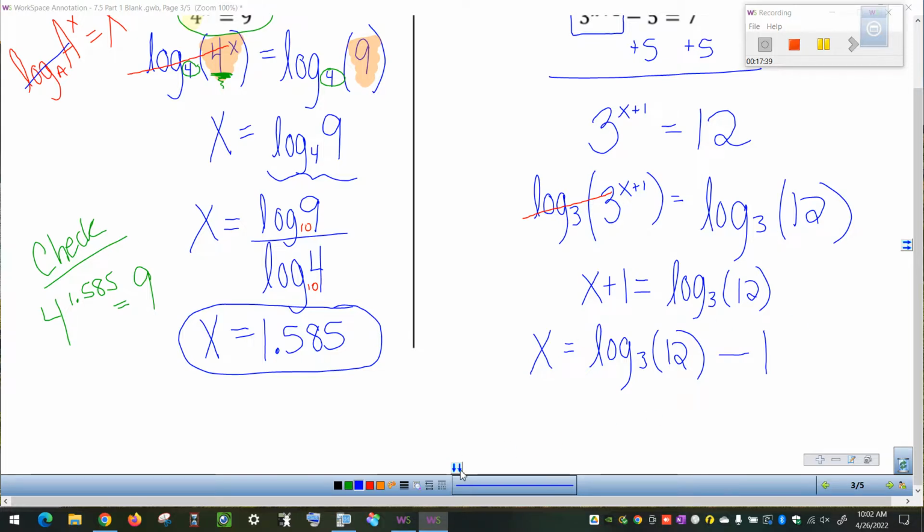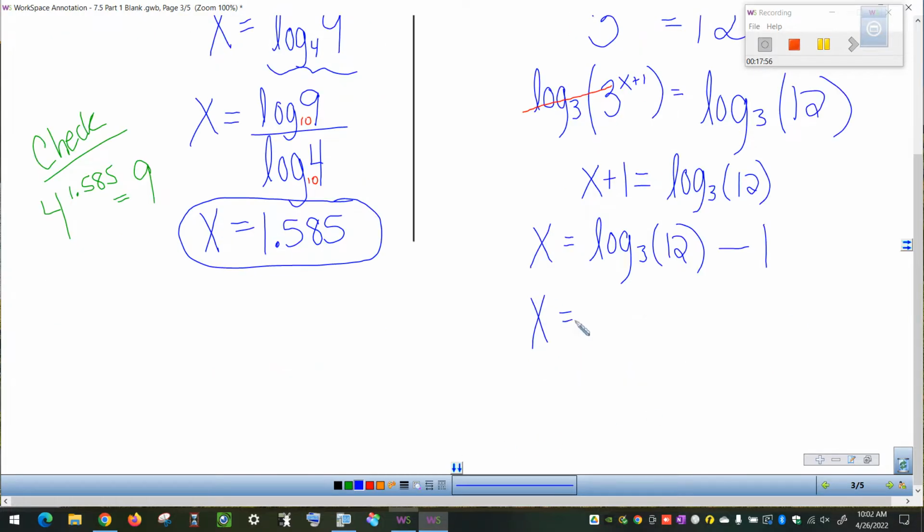Now, if I was using the change of base formula for this, I would type it in as log base 10 of 12 divided by log base 10 of 3. Make sure that we close both of the parentheses here and there. And then you could actually still type in the minus 1 at the end and still do this all in one step.